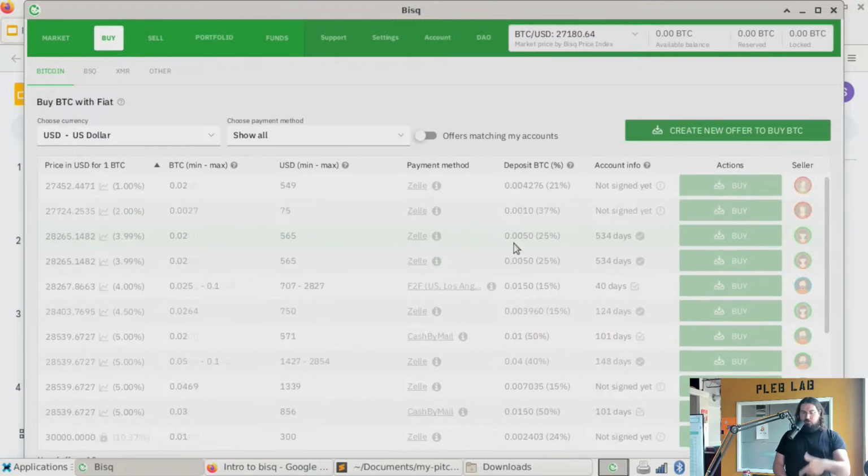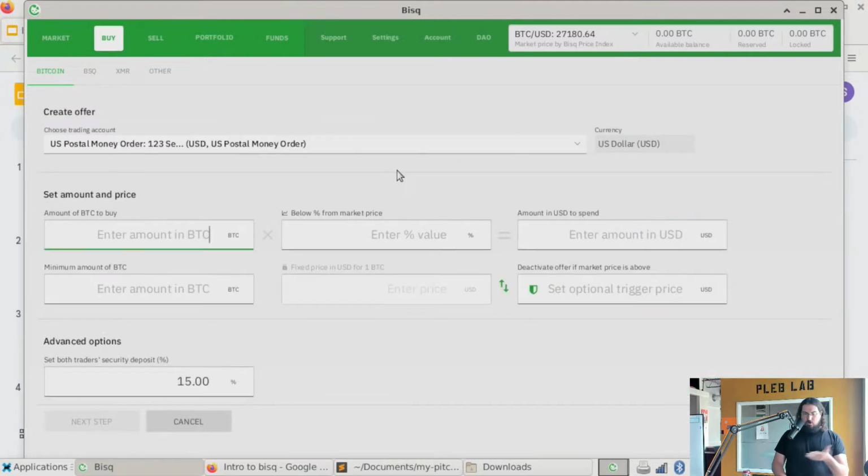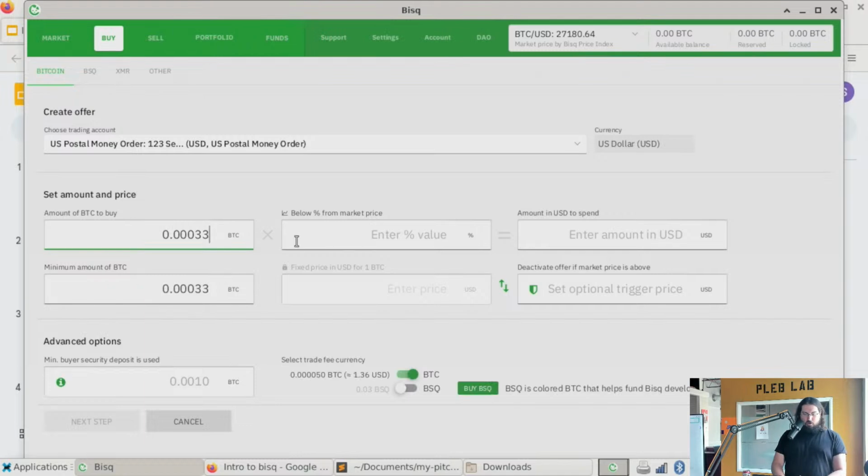Okay, so now I have a payment method set up, and if there were any offers to sell me Bitcoin using money orders, I could do that. But there are none right now, so I'm going to create an offer and say I would like to buy 0.0003 Bitcoin, and I have to offer a percentage that I'm willing to pay to the person who's selling me it.